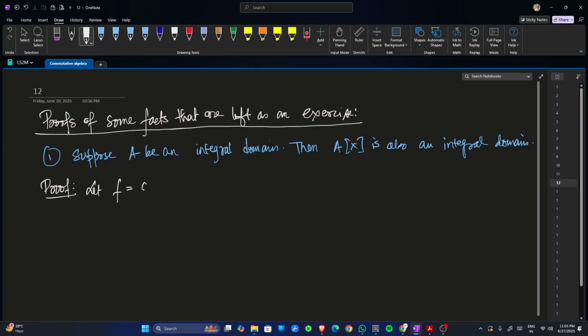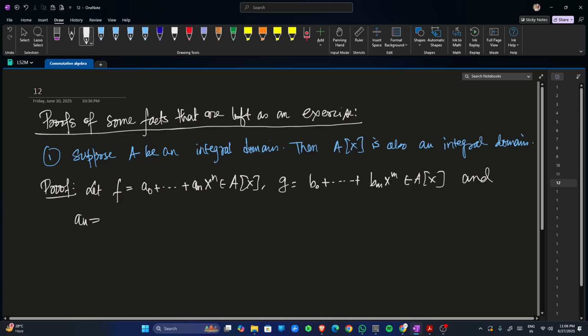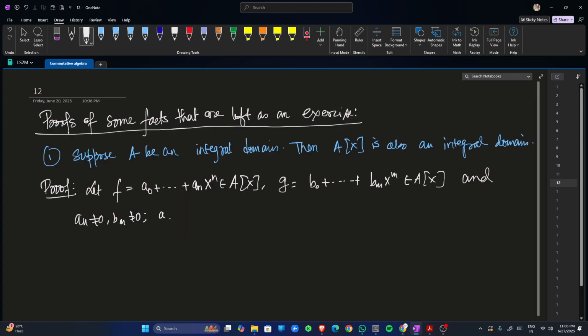Let f equal to a0 plus dot dot dot plus an x^n belong to A[x], g equal to b0 plus dot dot dot plus bm x^m belong to A[x], and an not equal to 0, bm not equal to 0, ai belongs to A, 0 less or equal to i less or equal to n, bj belongs to A, 0 less or equal to j less or equal to m.